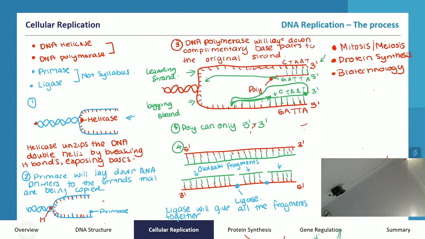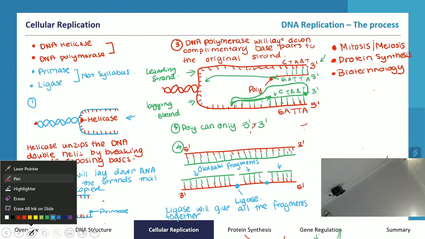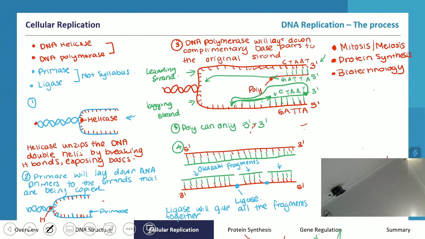And then finally, we end up with one of the DNA strands completely put together, and the other DNA strand also completely put together, and they will curve up into the double helix.